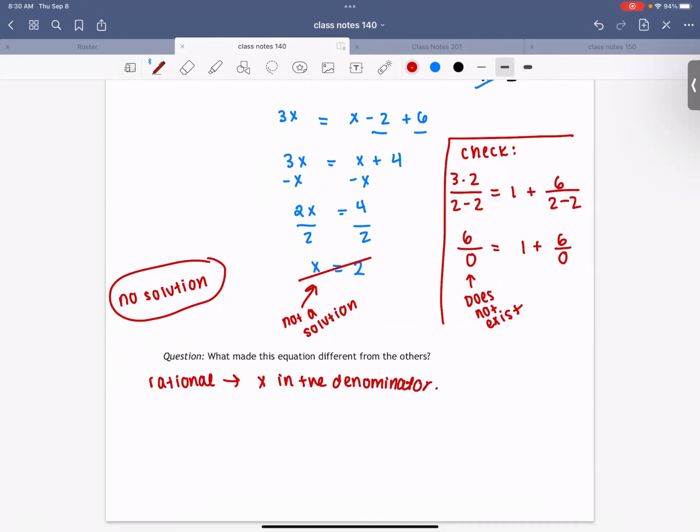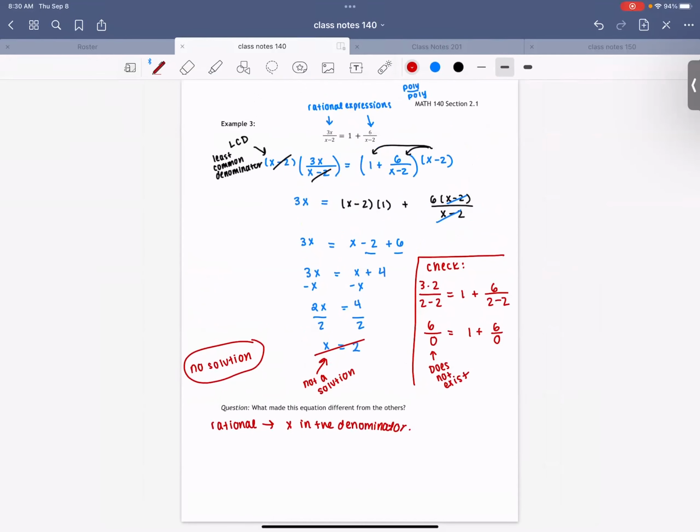And one thing I also want to point out is we had 2 equations here. We had 3x over x minus 2 equals 1 plus 6 over x minus 2. We did a little bit of work to this equation. So we had this equation up top, and we also did a little bit of work and got to this equation, right?